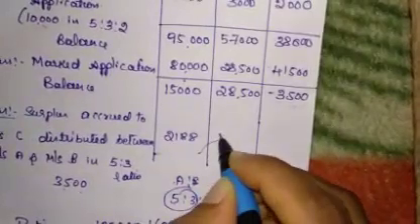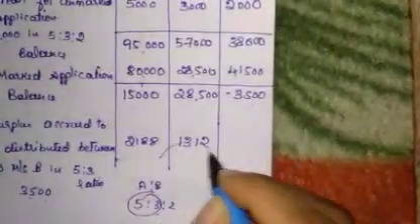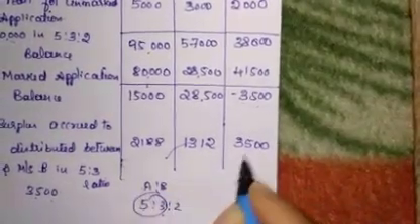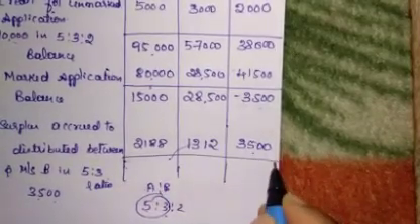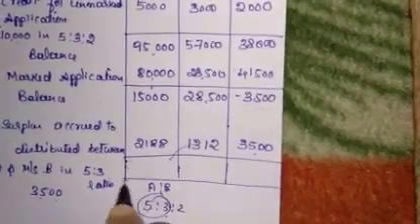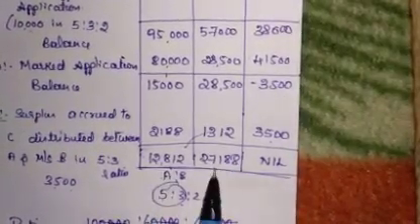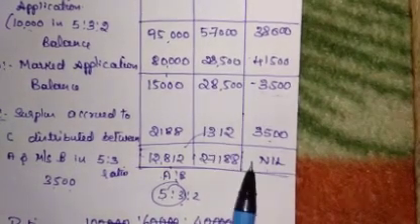For B 1,312, and the total surplus is 3,500. So this surplus we have shared among these two. So we'll get net liability: 12,812, 27,188, and for C liability is nil because he got surplus.